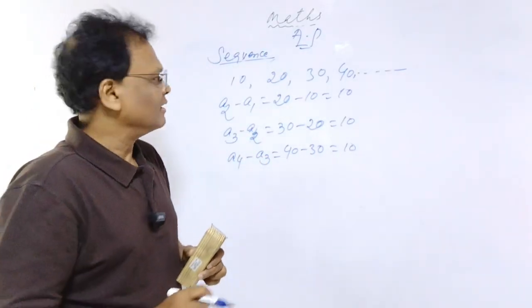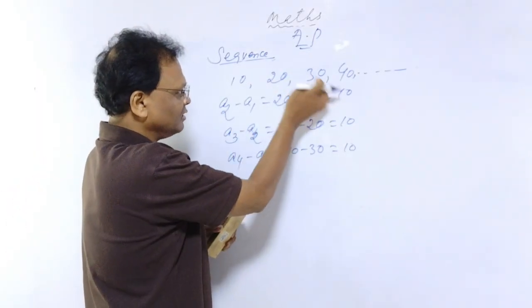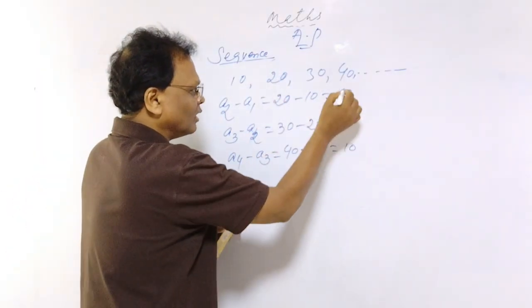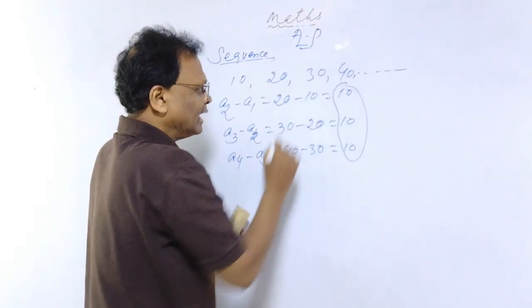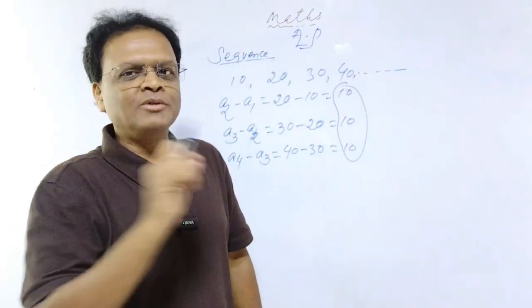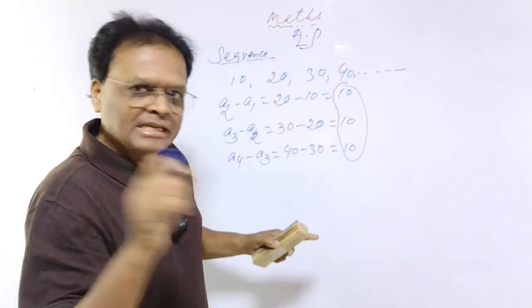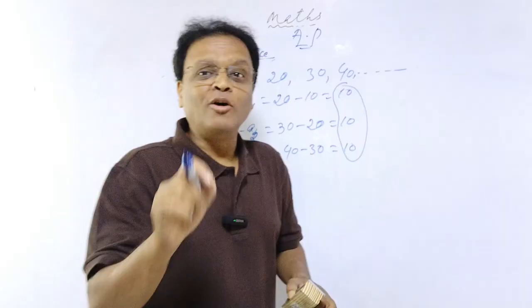We are finding the difference between consecutive terms, like second minus first, third minus second, fourth minus third. So what am I getting? I am getting that the difference remains equal, and this equal difference is known as the common difference.